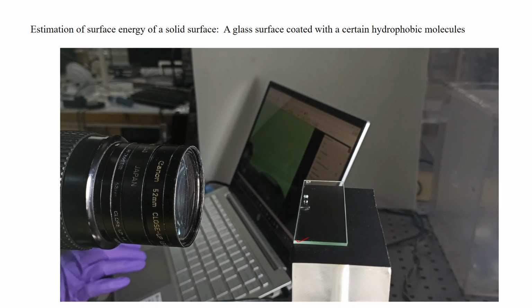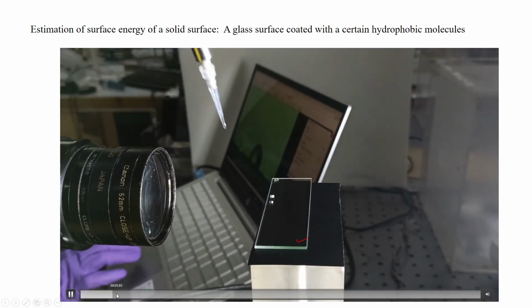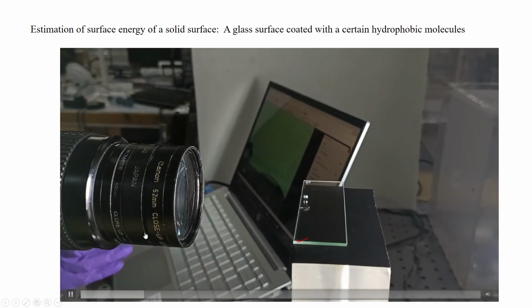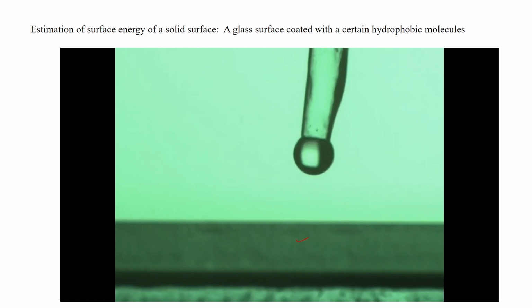But now we will see the microscopic picture of this. Let us say this is the picture of that particular drop.